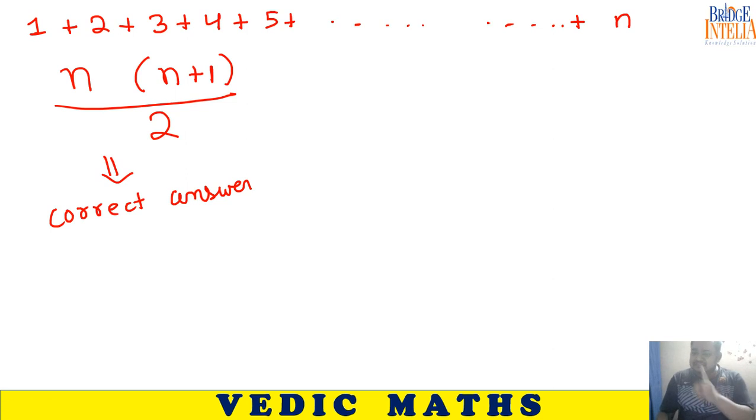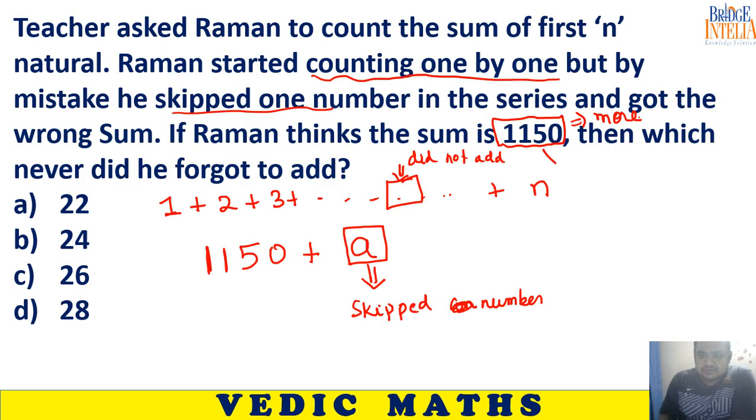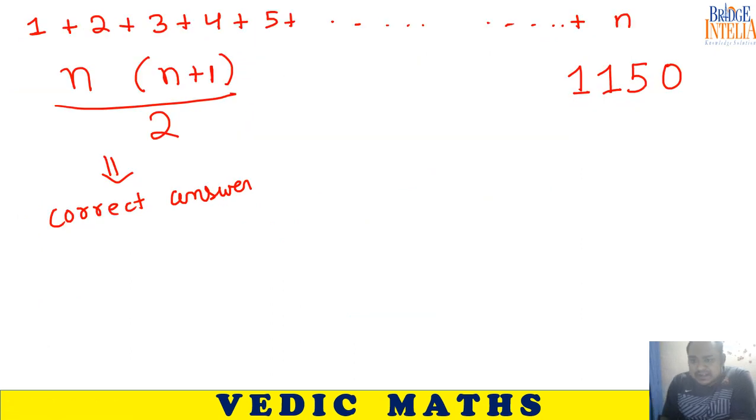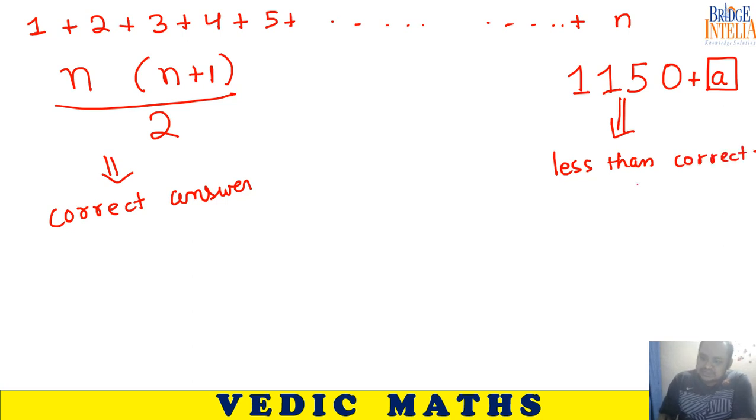But now we know that he skipped one number, and because of skipping he has got only 1150. Let's suppose the missing number is a. So the answer he is giving is less than the correct answer, because he forgot to add one number. From here you can find out the answer. I hope you understand what I am trying to say.